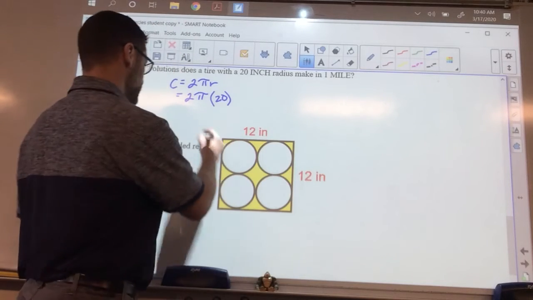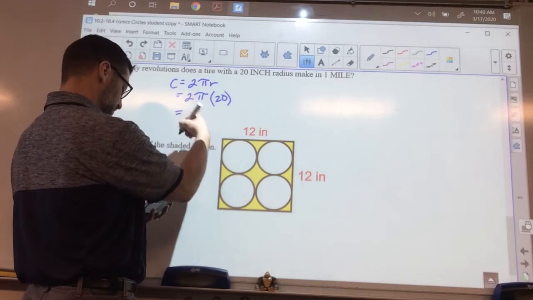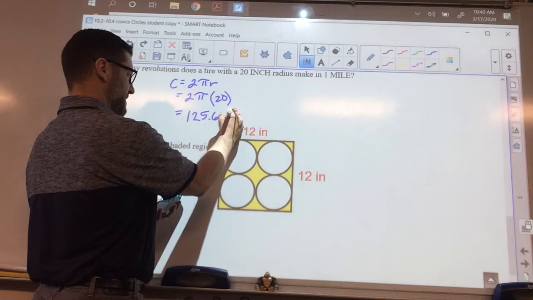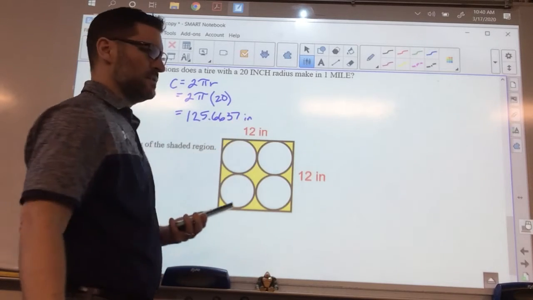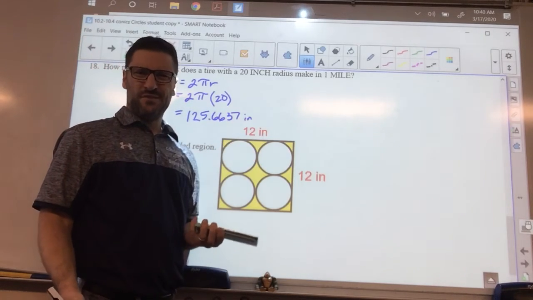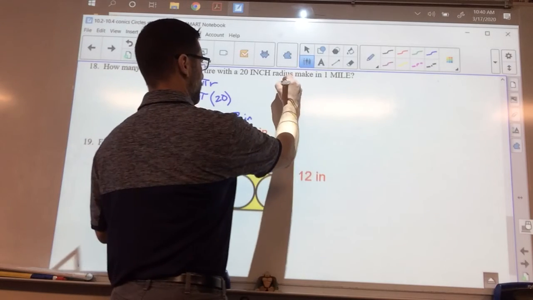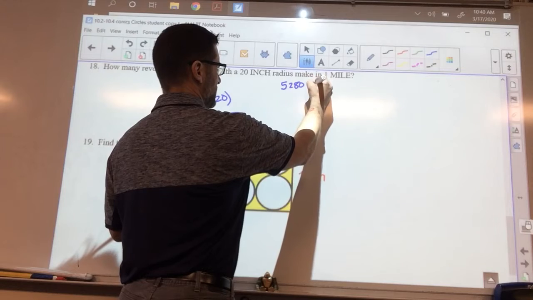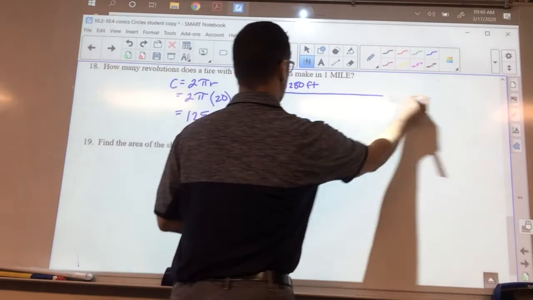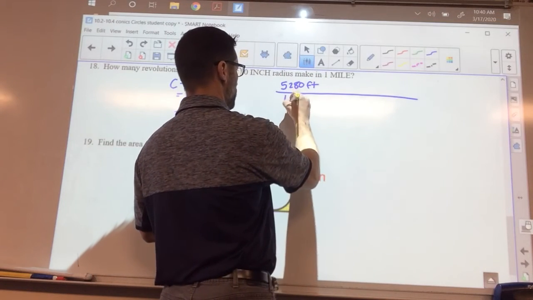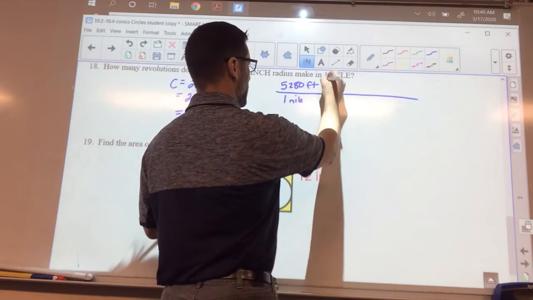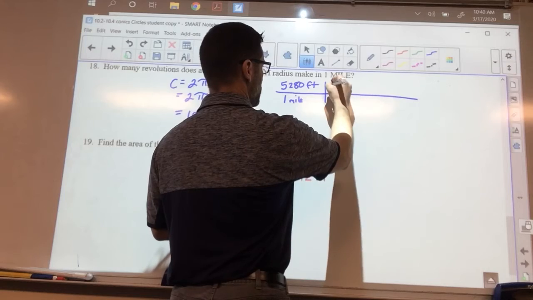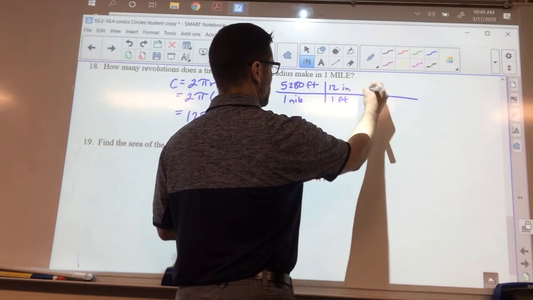So for every time this thing goes around, it goes 125.6637 inches. Well, I need to know how many inches are in a mile so I can figure this out. So I have 5,280 feet is 1 mile. And then I know 1 foot is 12 inches.